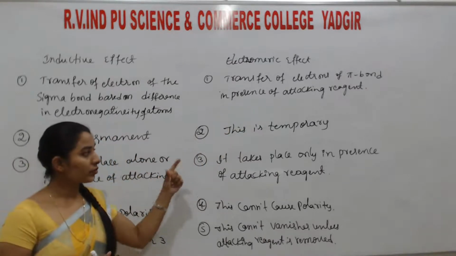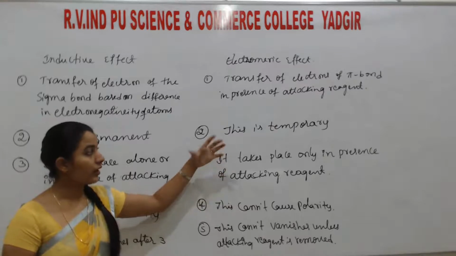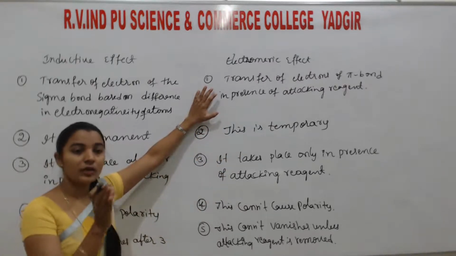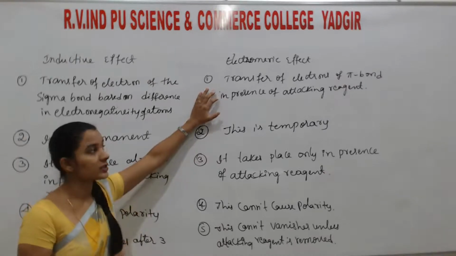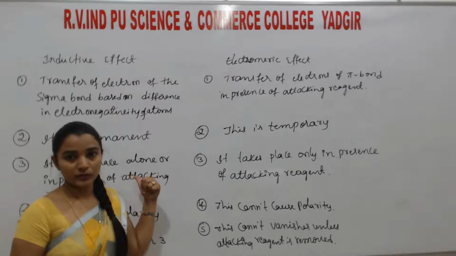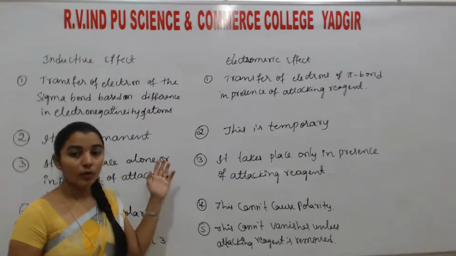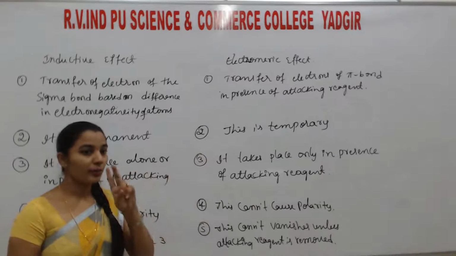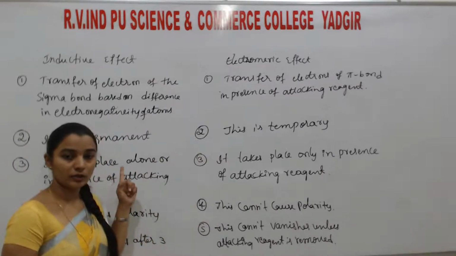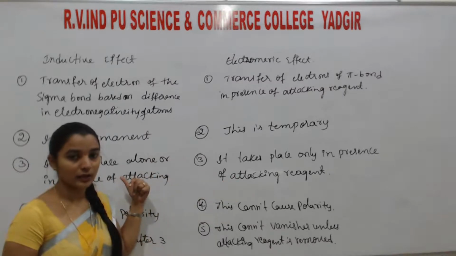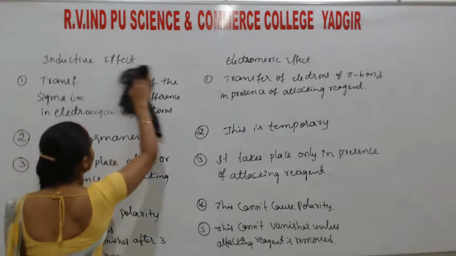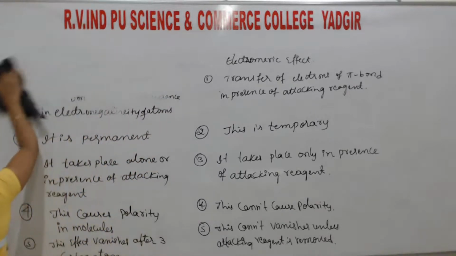That means the effect that acts more strongly on the organic molecule in our organic reaction is electromeric rather than inductive. Understand? In the same reaction both can happen, and the predominant one is electromeric. Okay, so listen, I'll give one example for that, then you'll understand.